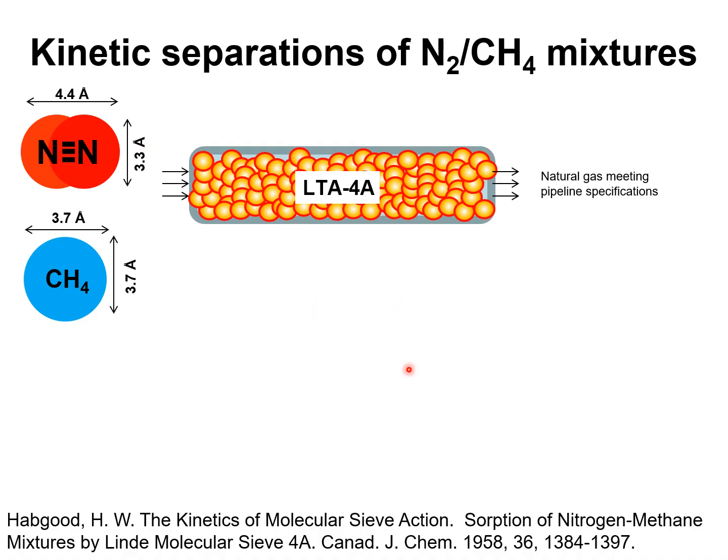The suitability of LTA4A zeolite for kinetic separations of nitrogen-methane mixtures was first suggested by Harry Hapgood in 1958. The objective of this presentation is to examine the potential of LTA4A zeolite for nitrogen removal from natural gas streams.